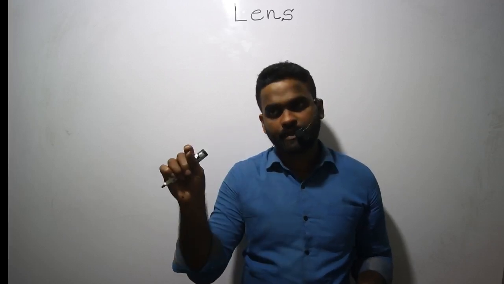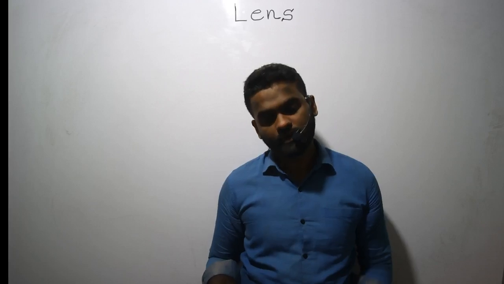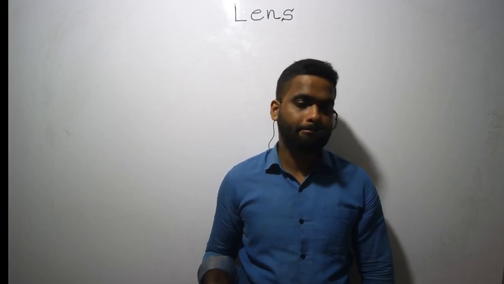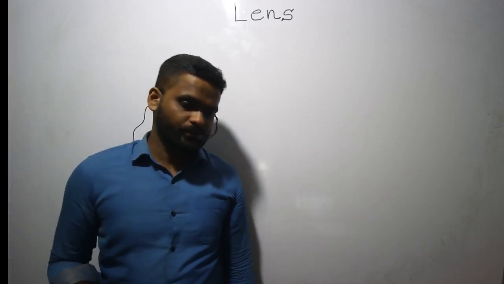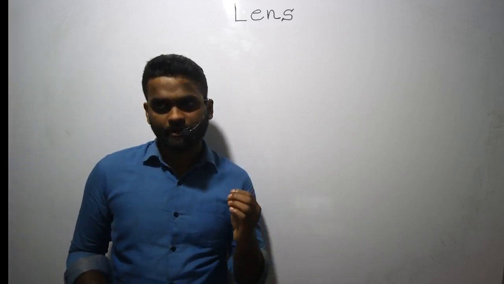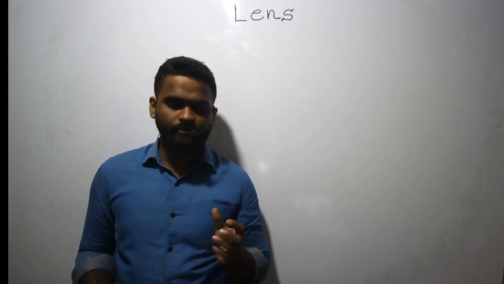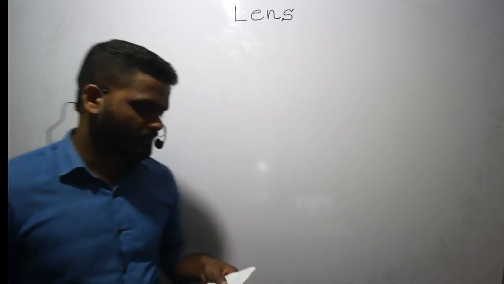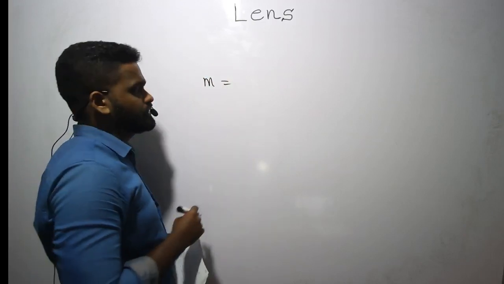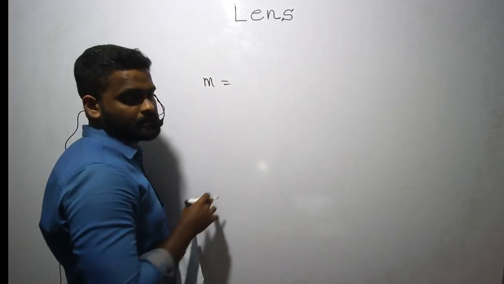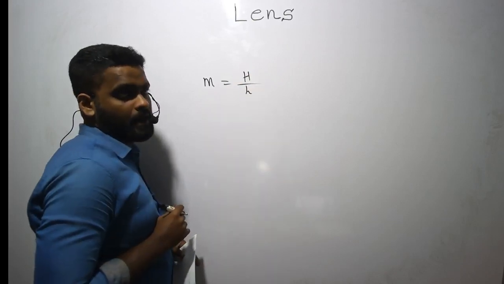To the same line, right? This also is equal to the ratio between u and v. So according to the definition, linear magnification is image height divided by object height.